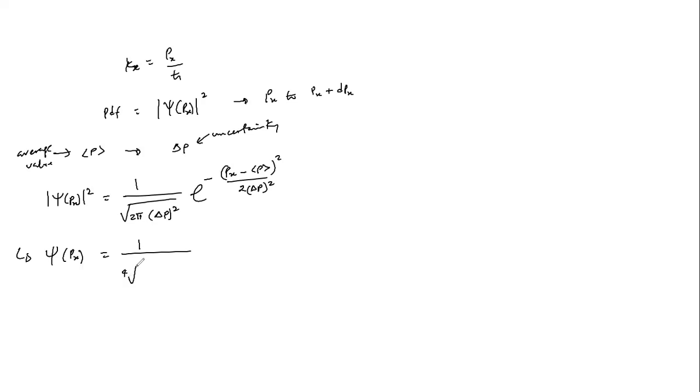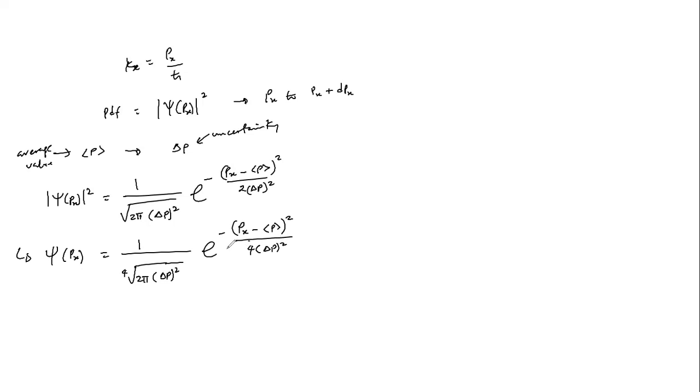the fourth root of 2 pi, times the uncertainty, e to the minus p x minus the expectation value squared over 4 times the uncertainty squared.